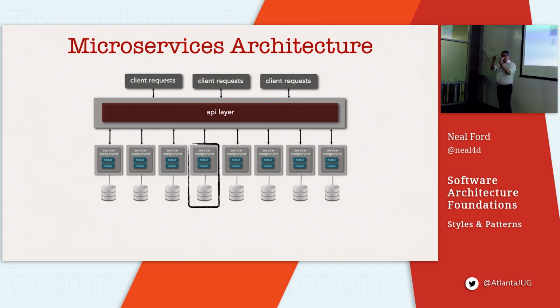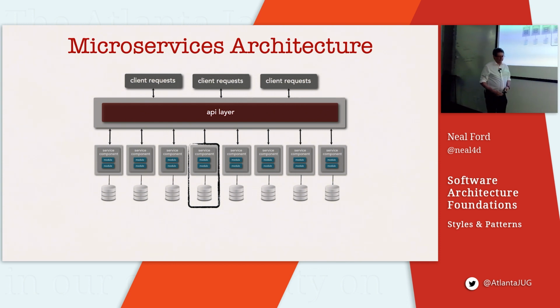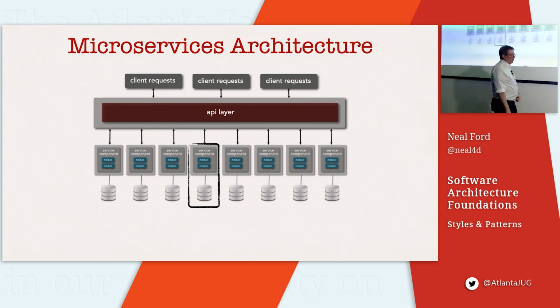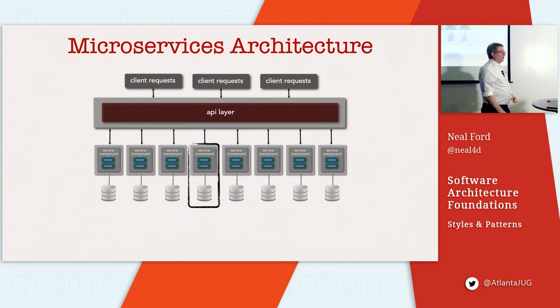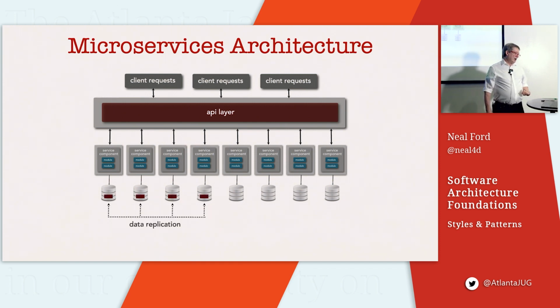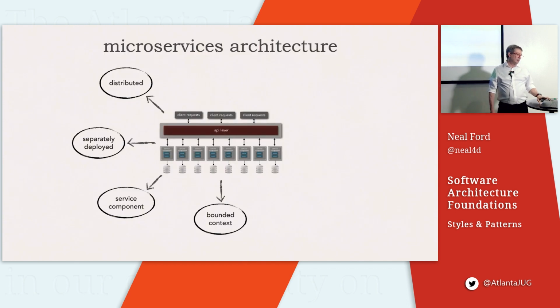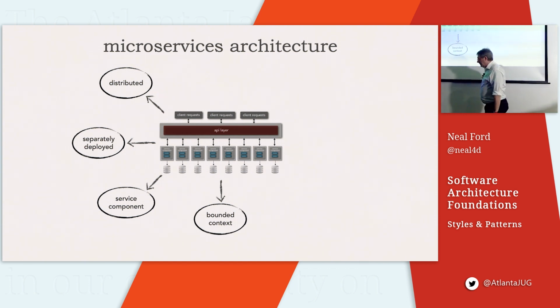It's okay to put messages back and forth between them, but you want to keep the implementation details internal so that you don't get that rippling side effect of breakage. You can do data replication and caching and other things to be able to make things viewable versus updatable, which is pretty common in this architecture. But that really drives a lot of the decisions in the architecture.